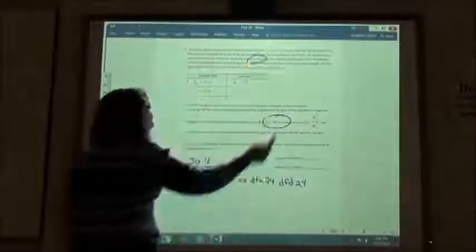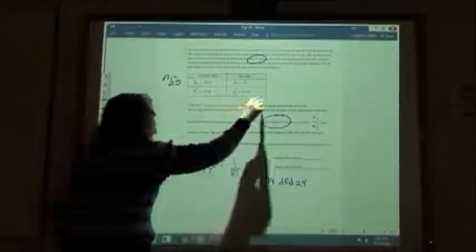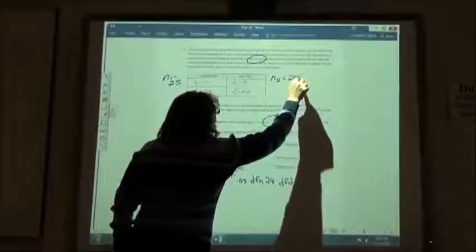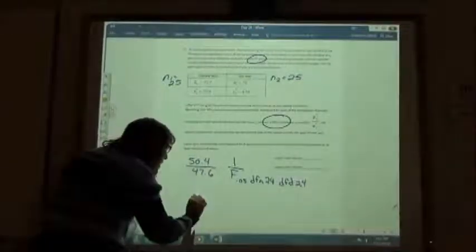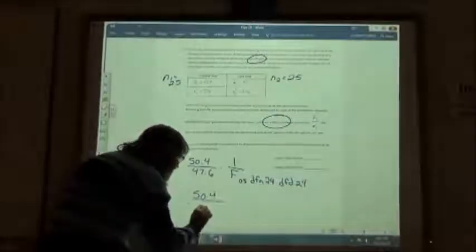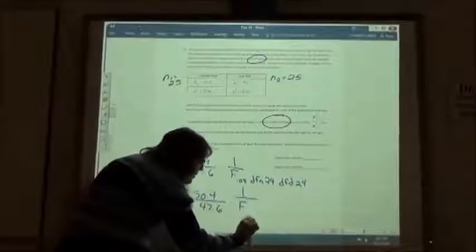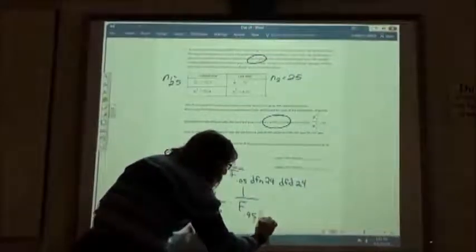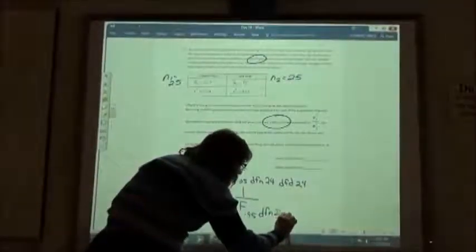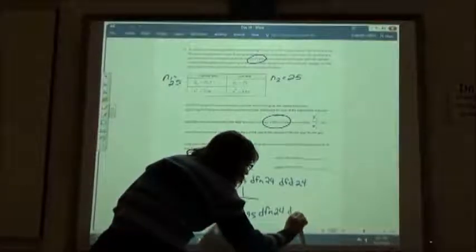So they sampled 25 each year, and N1 is going to be 25, and N2 is also going to be 25. So my degree of freedom is N minus 1. All right. And then, of course, you're going to do that for the lower limit, and then the same thing to get my upper limit, only I'm going to use 95% instead of 5%.